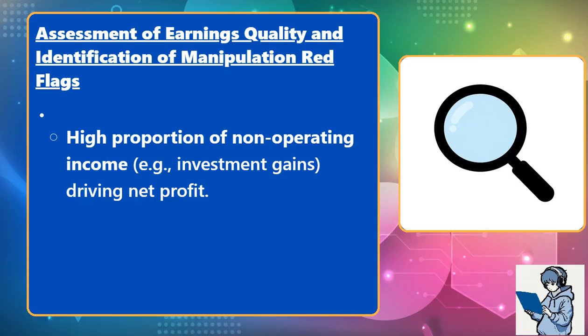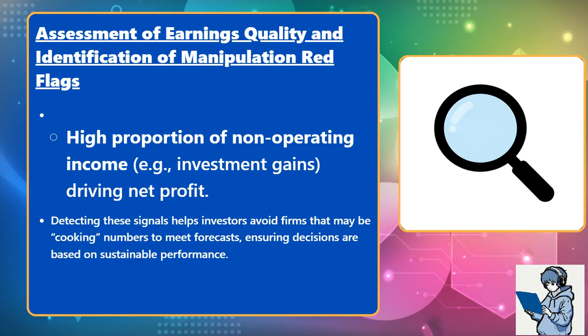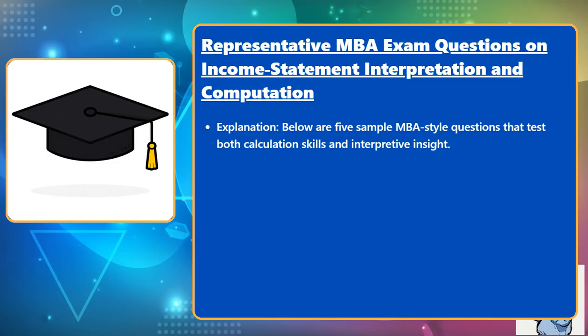High proportion of non-operating income, such as investment gains, driving net profit. Detecting these signals helps investors avoid firms that may be cooking numbers to meet forecasts, ensuring decisions are based on sustainable performance. Explanation. Below are 5 sample MBA style questions that test both calculation skills and interpretive insight.